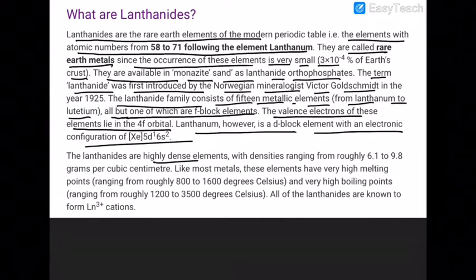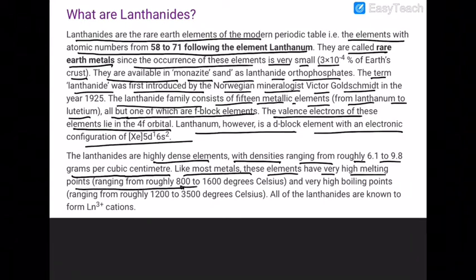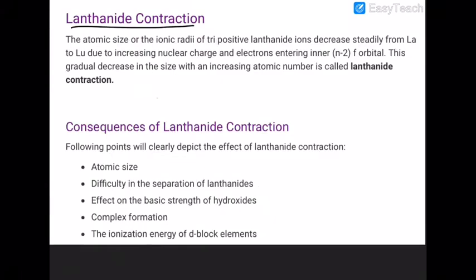Lanthanoids are highly dense elements, and their densities range from 6.1 to 9.8 gram per cubic centimetre. Like most metals, they have very high melting points, ranging from 800 degrees Celsius to 1600 degrees Celsius, and they have very high boiling points. These lanthanoids are commonly known as Ln3+ cations. Now, lanthanide contraction.